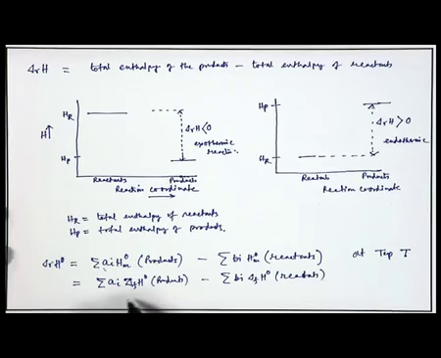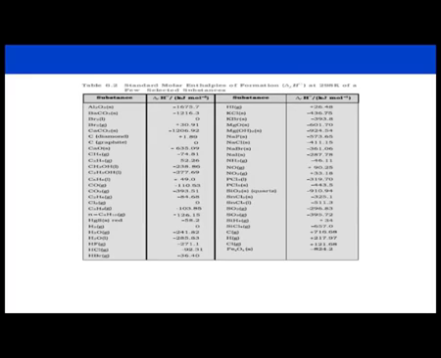These values, the heats of formation for products and reactants, are available in the literature, and some are in your book, as I have taken from the NCERT book. You can see this table, where the standard molar enthalpy of formation at 298 K, or 25 degrees centigrade, is given for several substances.